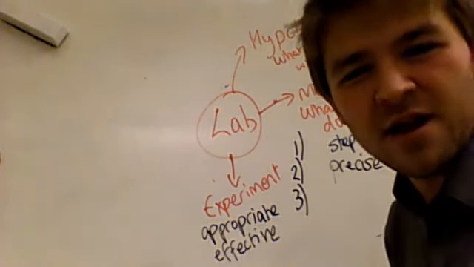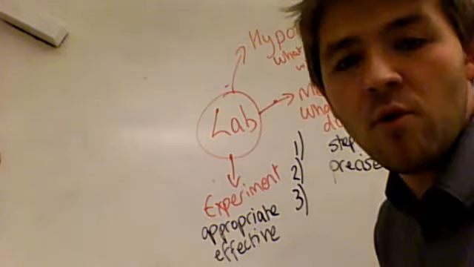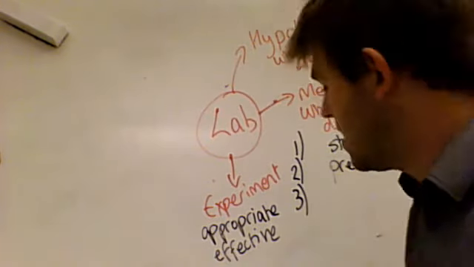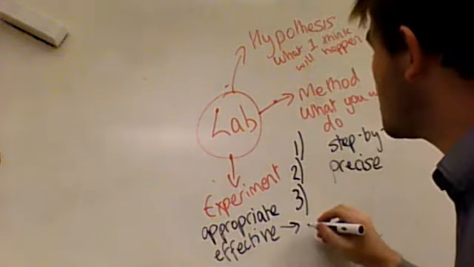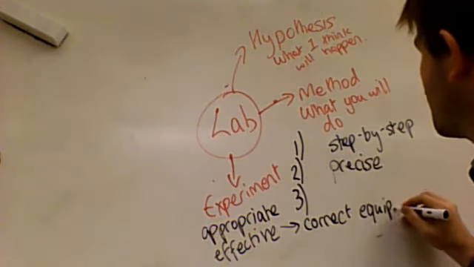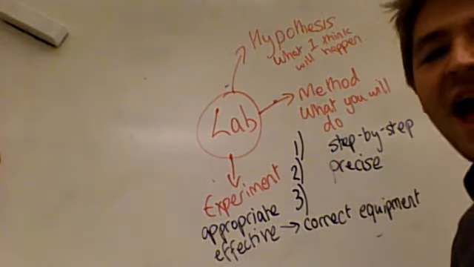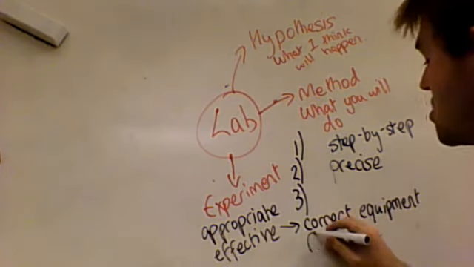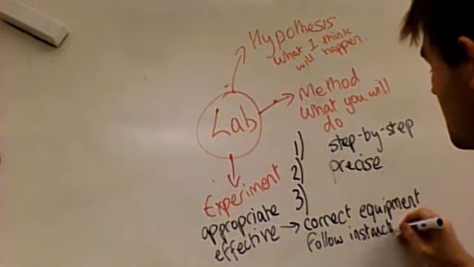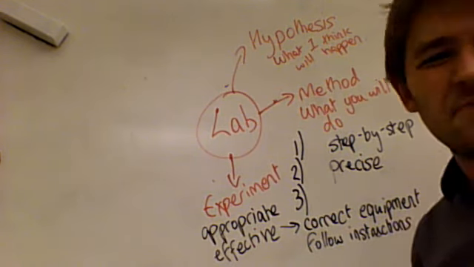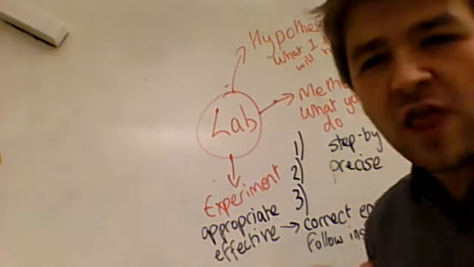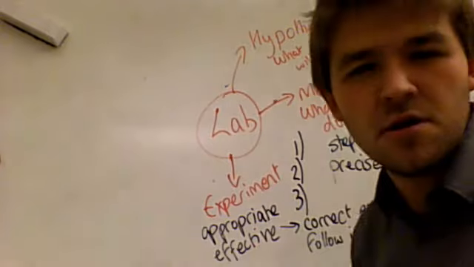What those words mean, it's about how you go and do that experiment. It makes sure you're using the correct equipment, that you can follow the instructions. It means that you know which equipment to use and you can work that out in your plans.